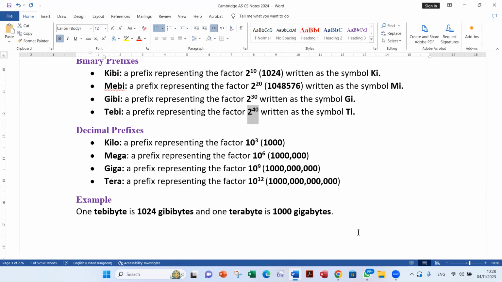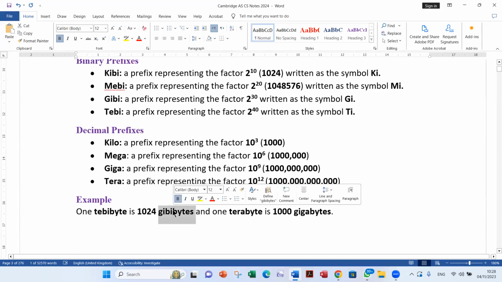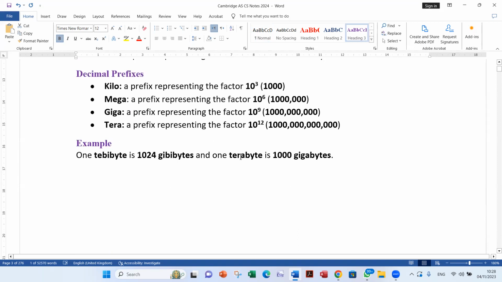It says 1 terabyte is, and you have to complete, that is 1024 gigabytes. Because this is on the binary prefix. However, 1 terabyte is only 1000 gigabyte, because this is the other scale.